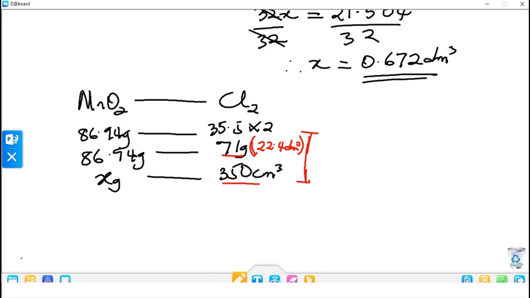It's a constant. Since we have established that fact, we need to now convert dm³ to cm³, since we have been given 350 cm³ in the question.